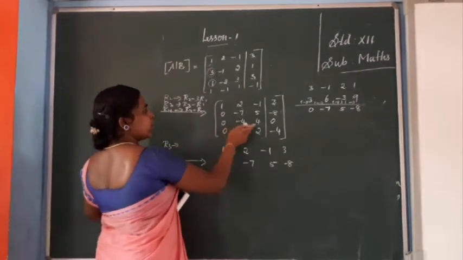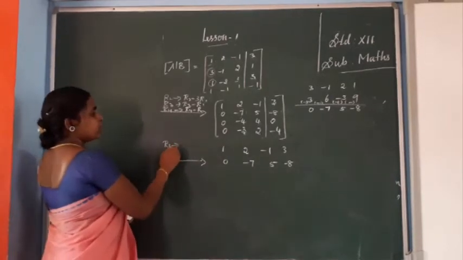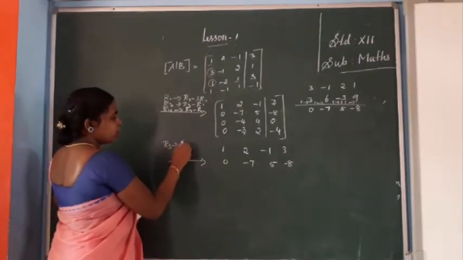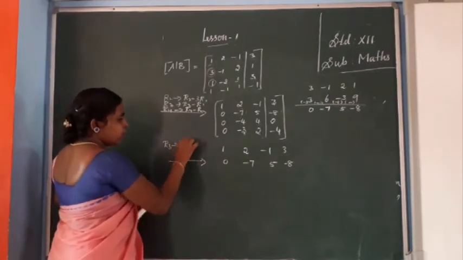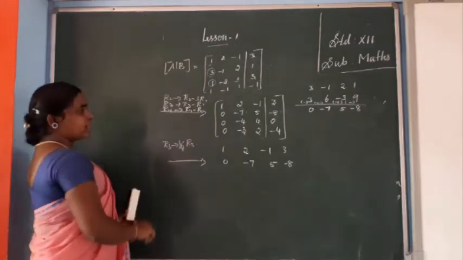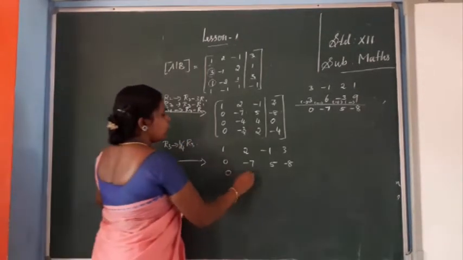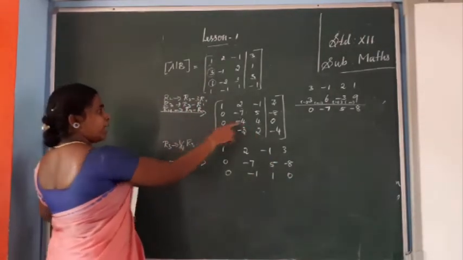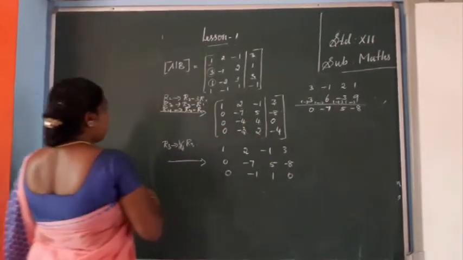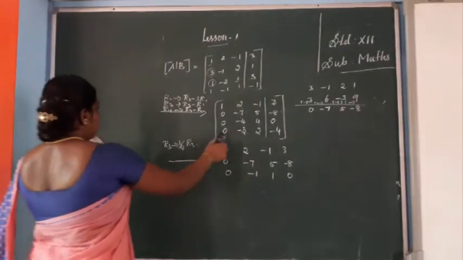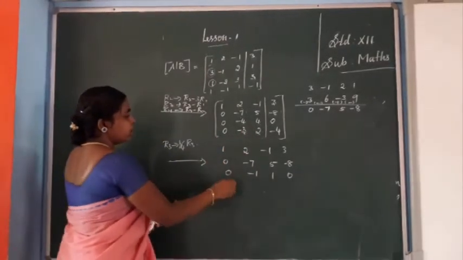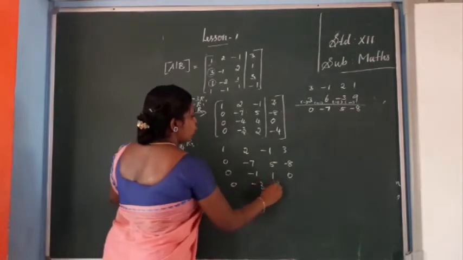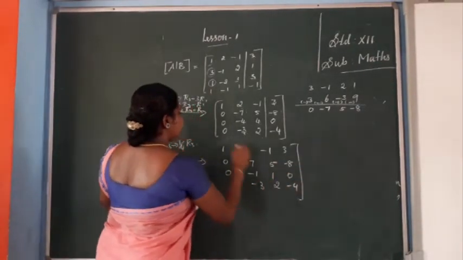Otherwise, before that you can multiply R3 by 1 by 4. One more step you will get, no problem: 0, minus 1, 1, 0. See, 4 divided by 4 is 1, again 4 divided by 4 is 1. Next row: 0, minus 3, 2, minus 4.